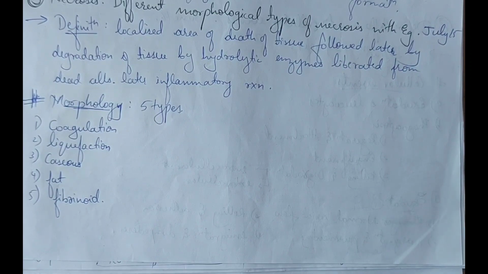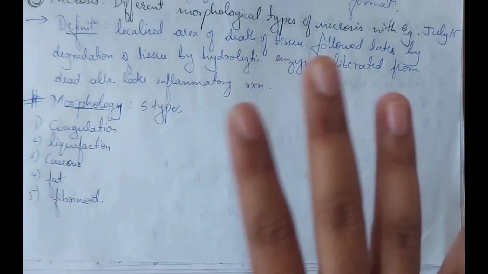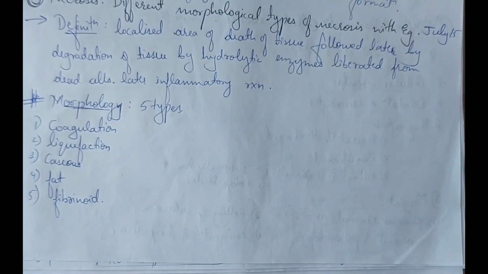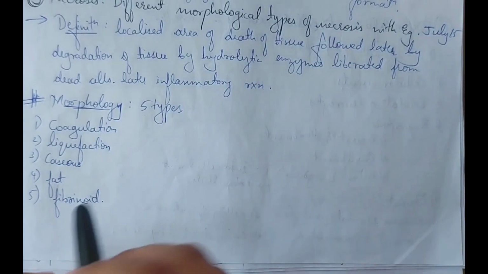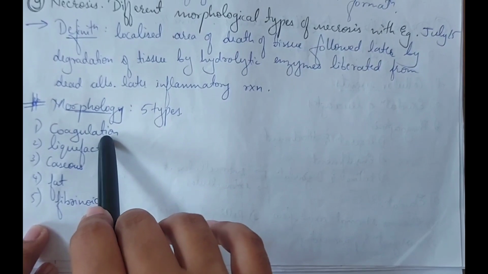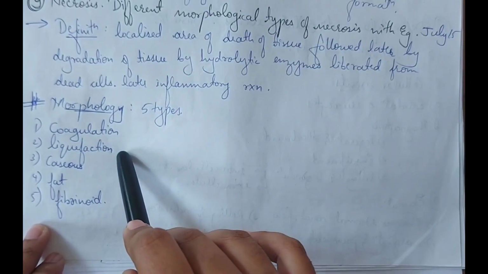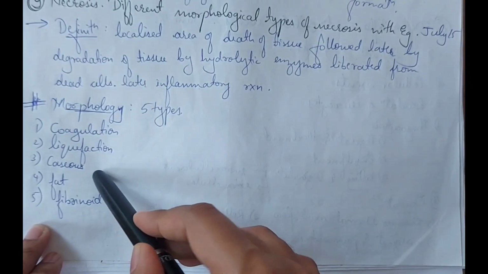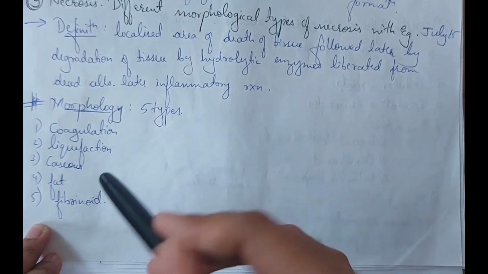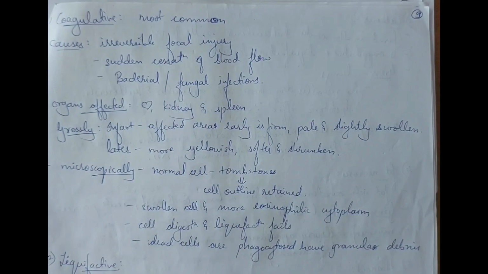That is called necrosis. There are 5 types of necrosis based on morphology. The first is coagulative necrosis, then liquefactive necrosis, gaseous necrosis, fat necrosis, and fibrinoid necrosis.